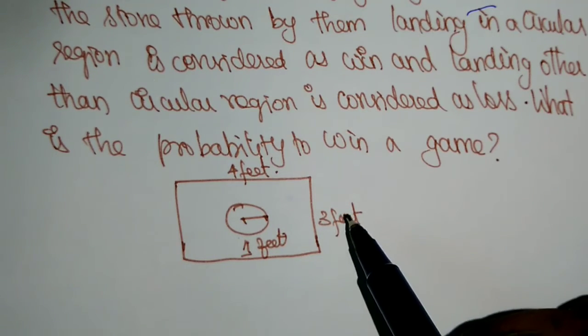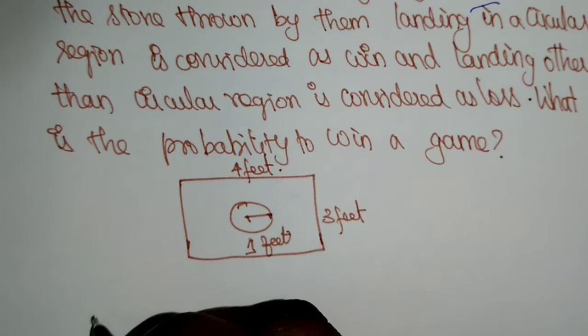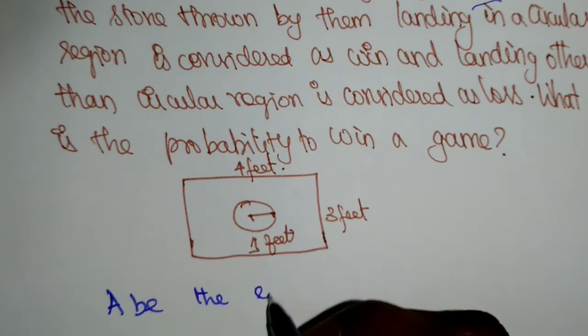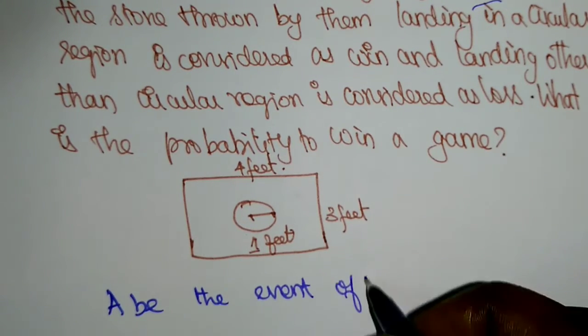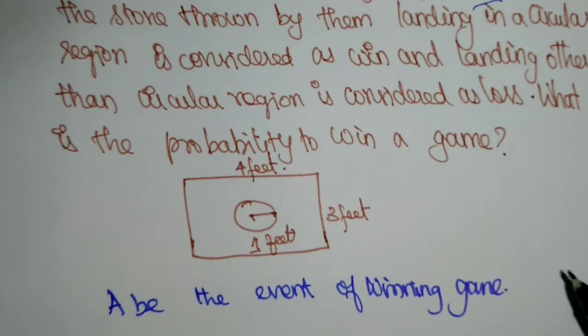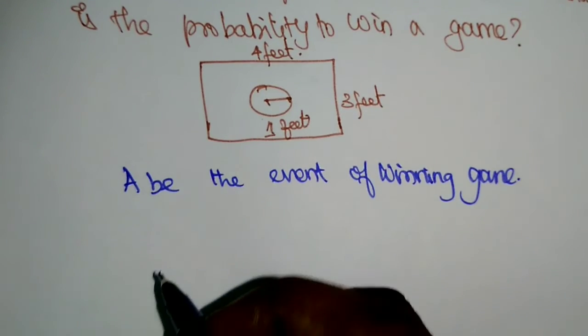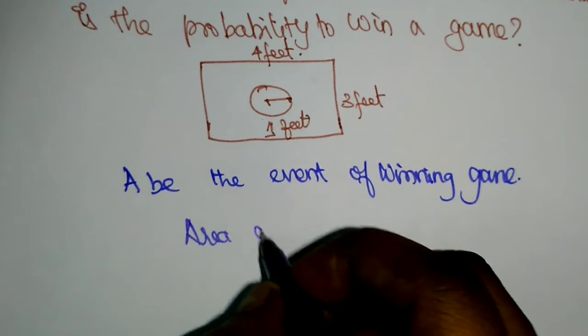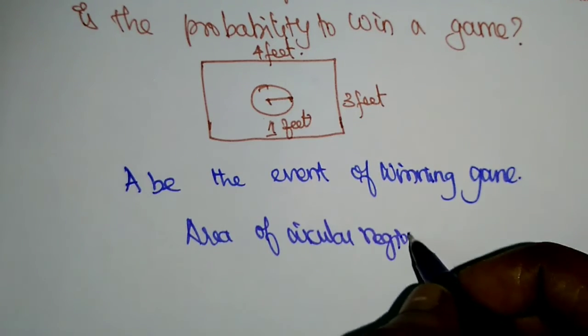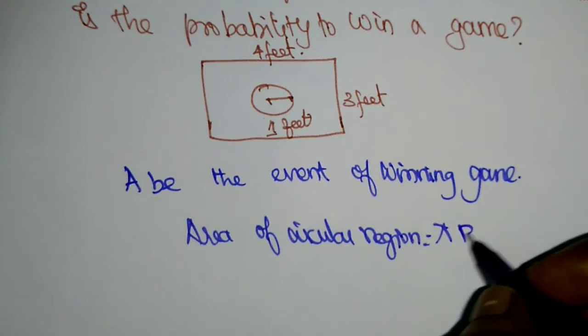Now let A be the event of winning the game. So the area of the circular region is equal to pi r square.